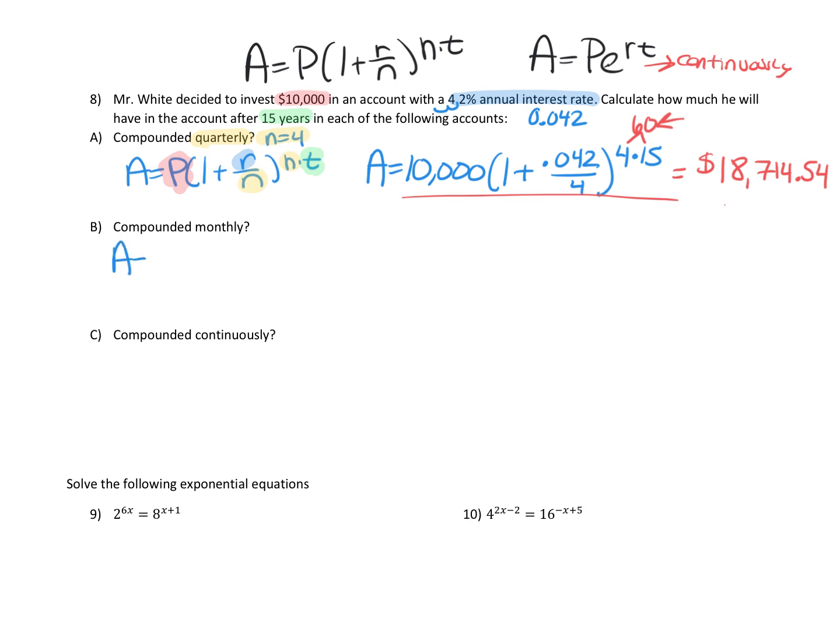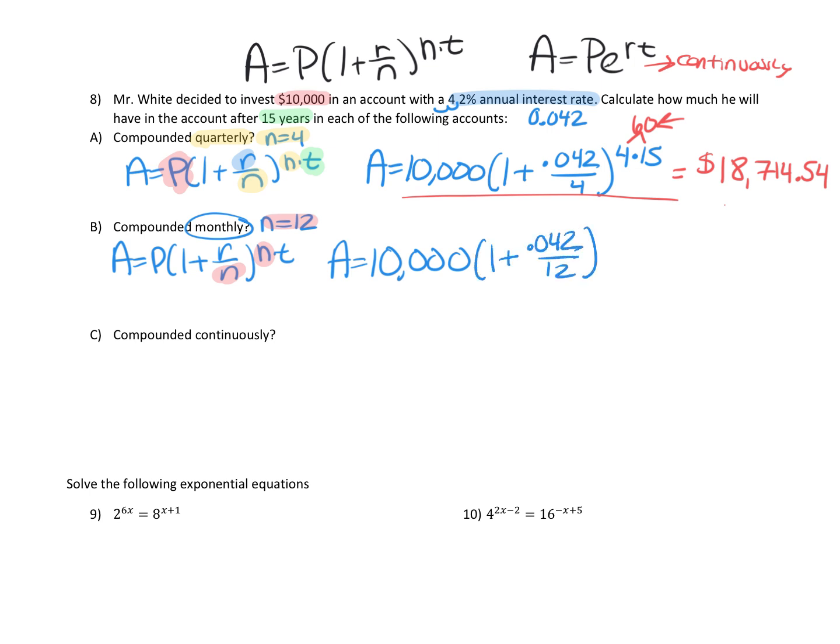Now we're compounded monthly, so we're going to do this very, very similarly. The only difference now is that monthly means my n is 12, but everything else is going to stay the same. So 10,000. Again, the only thing that's going to change is my n here is going to become 12 when it was 4 in the last problem.